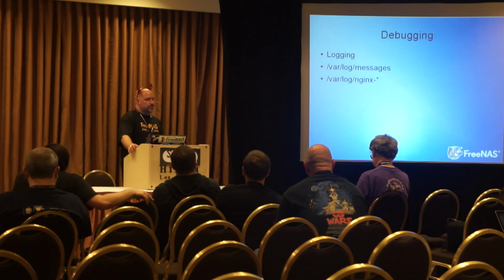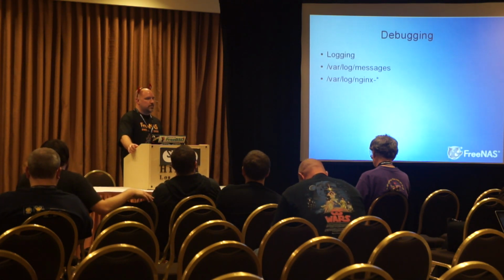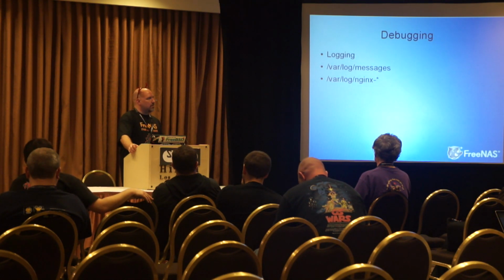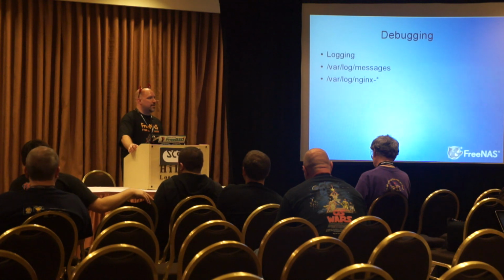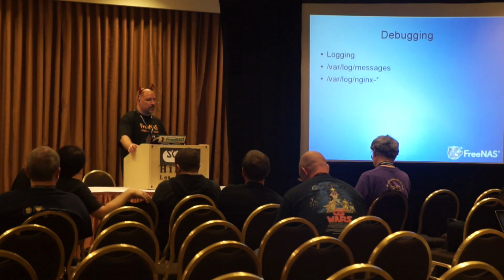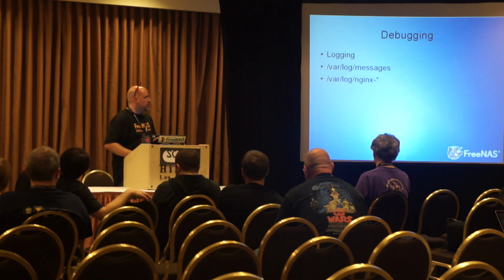And then the error log from Nginx tends to spit out, if a Python error occurs, a nice long backtrace. That tends to be useful too, because it's not immediately available in the UI often. It'll just not work, and you sit there wondering what the heck's going on. But if you go look at the log, it's there. Oh, there's a Python stack trace. Oh, there, that's why.